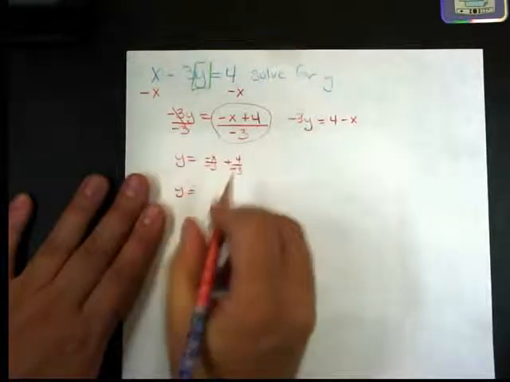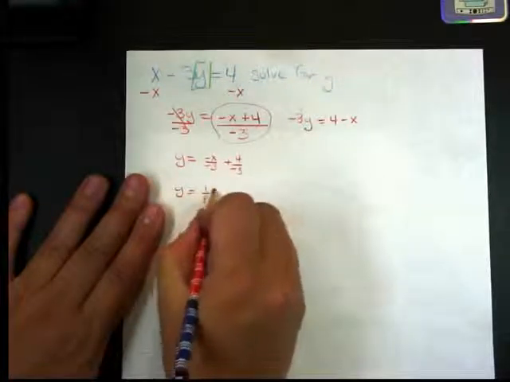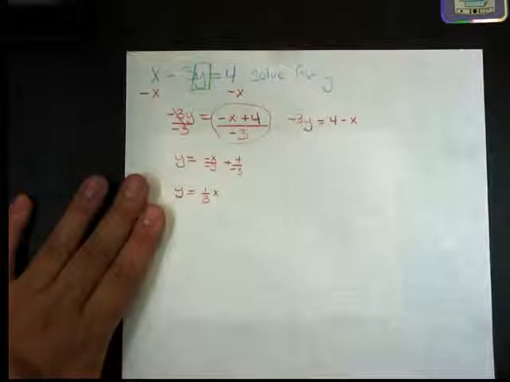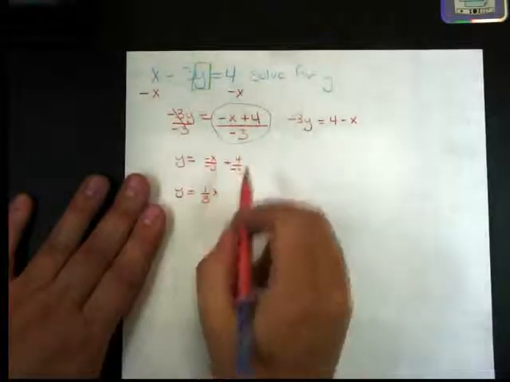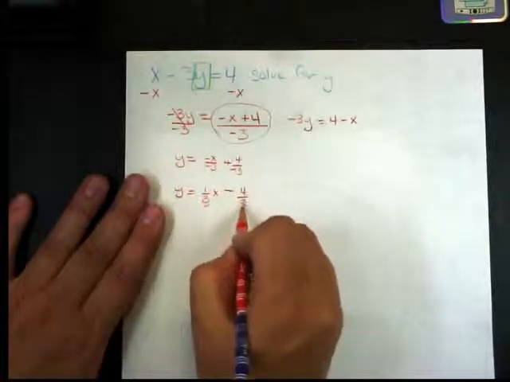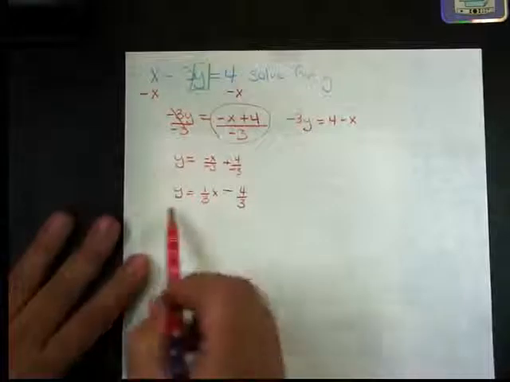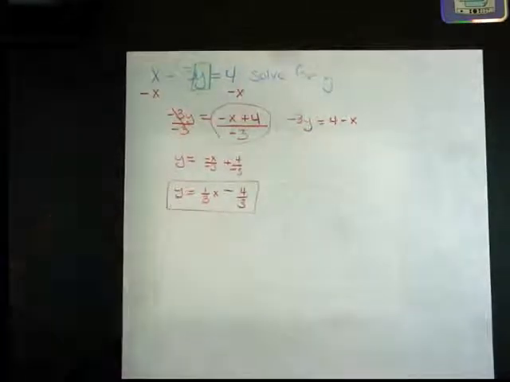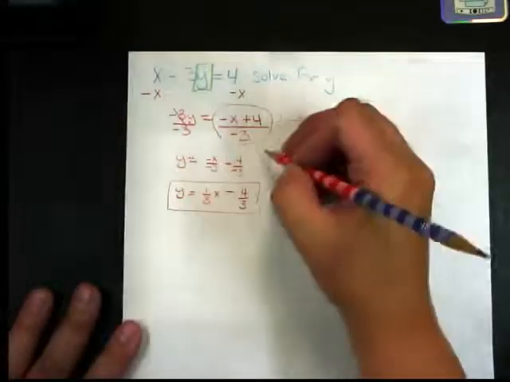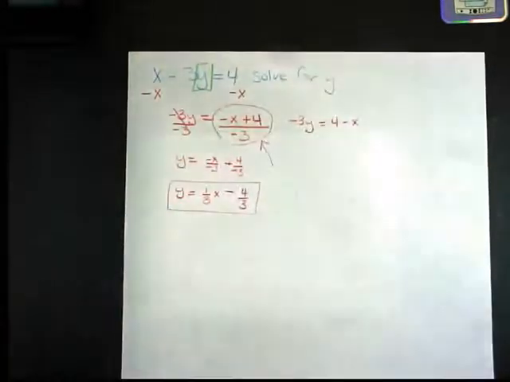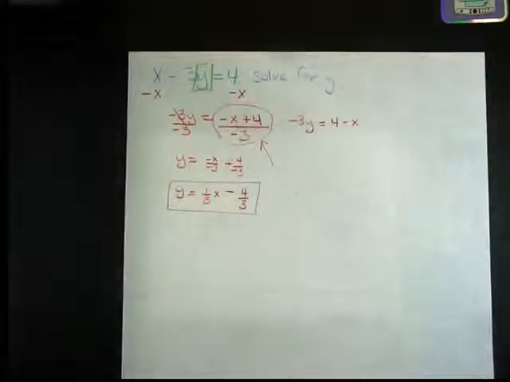So that negative negative is actually positive 1/3 x, and positive negative is actually negative 4/3. So that's what kind we're looking for. However, for this chapter, if you put down y equals and then just all of it written together, you're going to be okay. Just make sure everything is simplified as far as it can, if it can be.